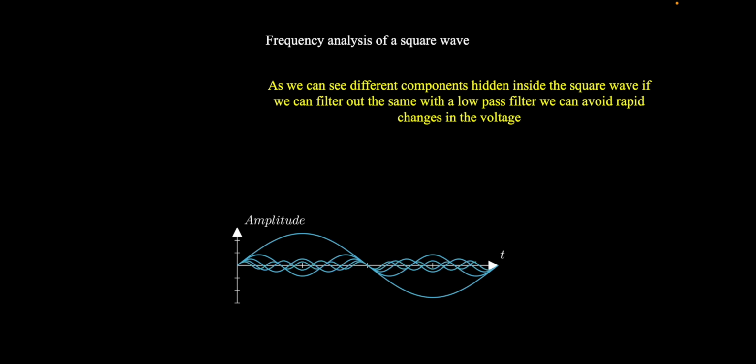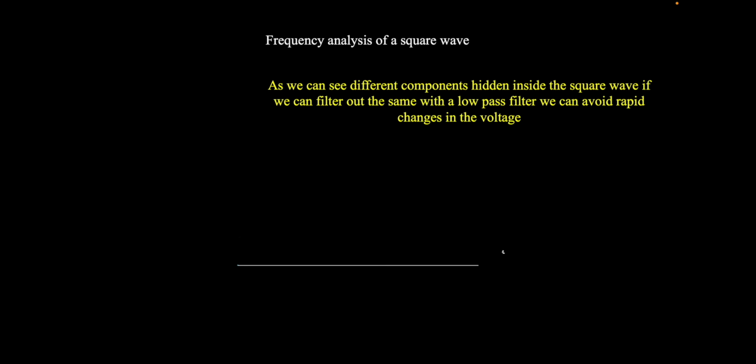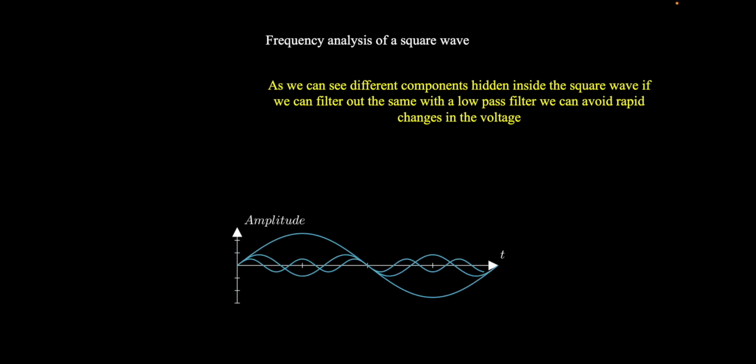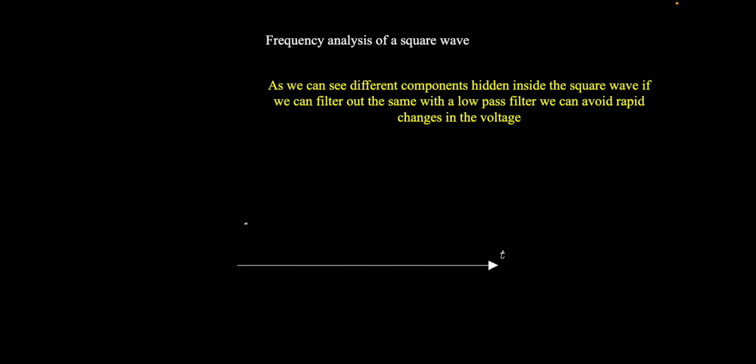If we block the high frequency components, then we will be able to raise the voltage smoothly over time. As you can see, the rise of voltage is slower with a low frequency component. That way we can control something which will be more helpful to build up this buck converter.